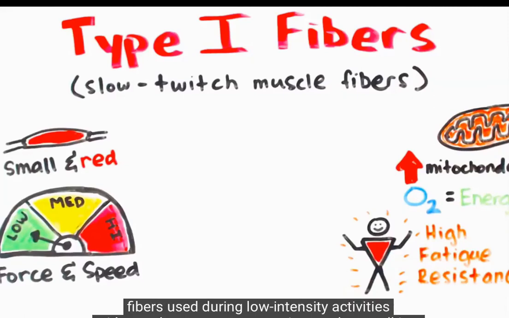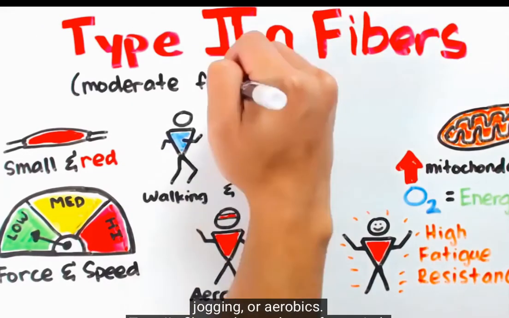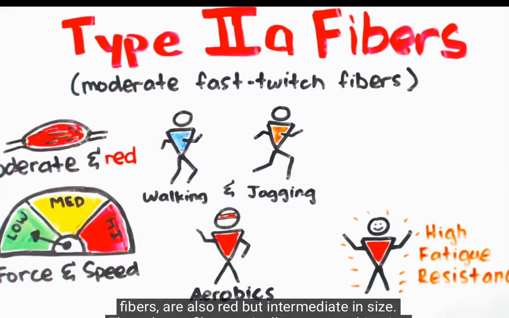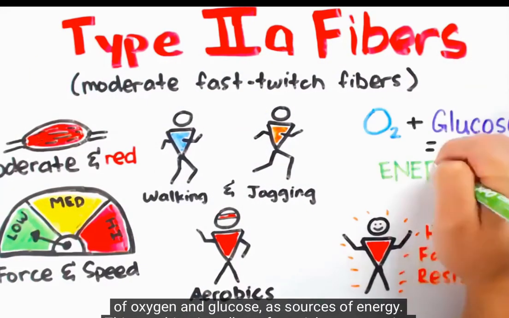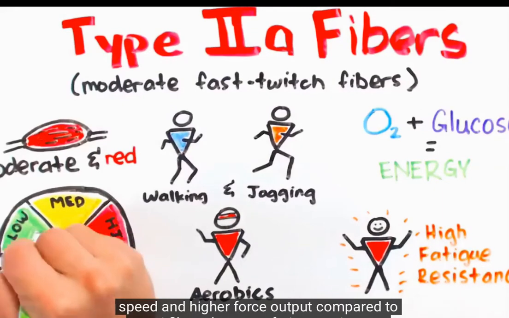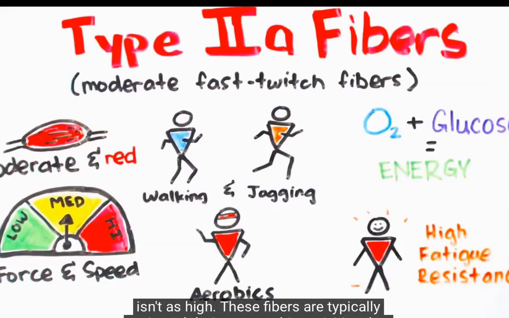They are the primary fibers used during low-intensity activities with steady oxygen consumption, such as walking, jogging, or aerobics. Type 2A fibers, aka moderate fast twitch fibers, are also red but intermediate in size. These larger fibers typically use a combination of oxygen and glucose as a source of energy. This combination allows for quicker contracting speed and higher force output compared to type 1 fibers. However, fatigue resistance isn't as high.